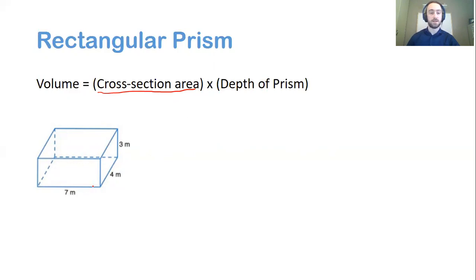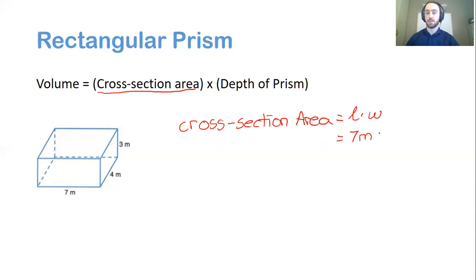In this case, it is a rectangle. So our cross-section area is simply our length multiplied by our width. In this case, it is 7 meters multiplied by 4 meters, giving us a cross-sectional area of 28 meters.